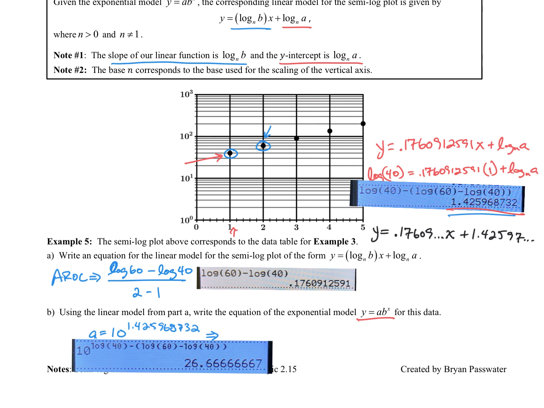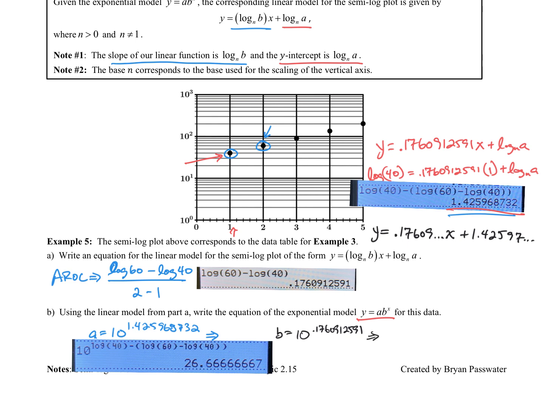All right. So now to find my B, again, this is already logarithmically scaled, so now I'd have 10 to the power of what my log base 10 of B is. And so then I'd put that to the power of this 0.176091251. All right. And so again, I have a calculator that can do cool stuff.